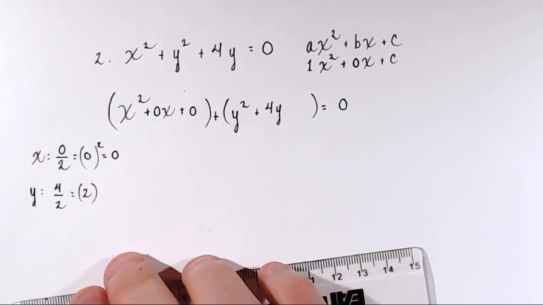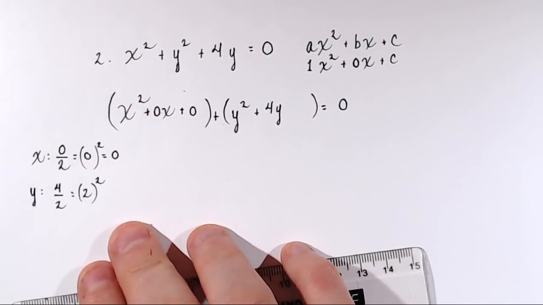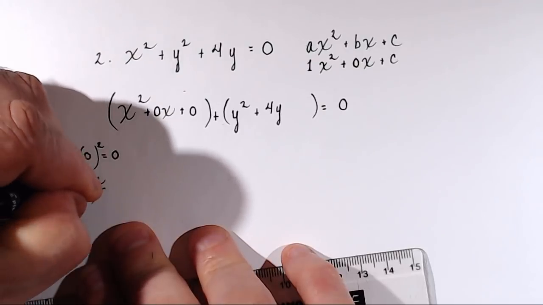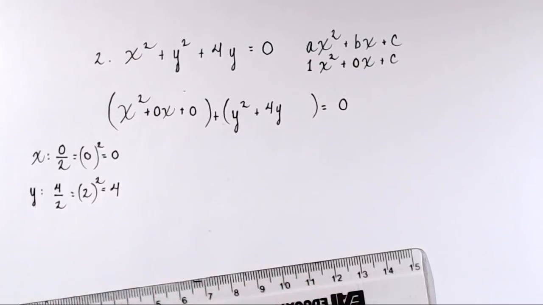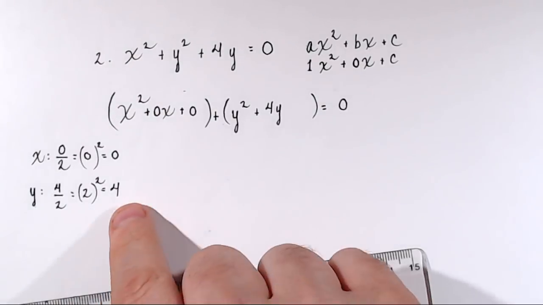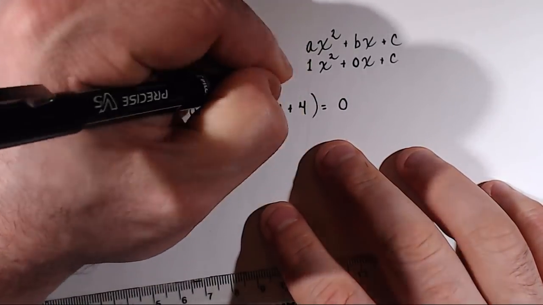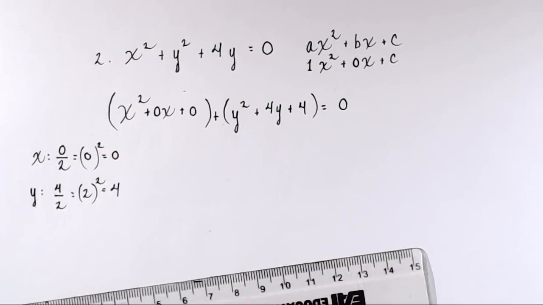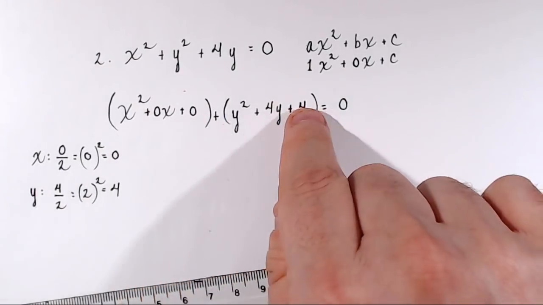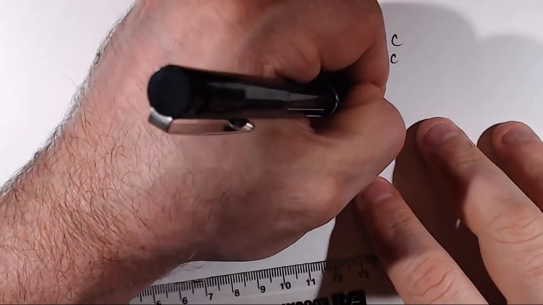And then I will square the result. 2 squared is 4. So I will add 4 over here. Now, to keep my equation in balance, I will add 0 and 4 to the right side of the equation.